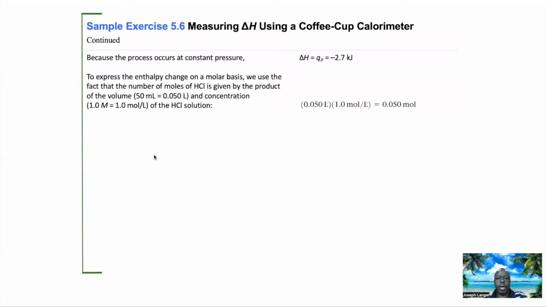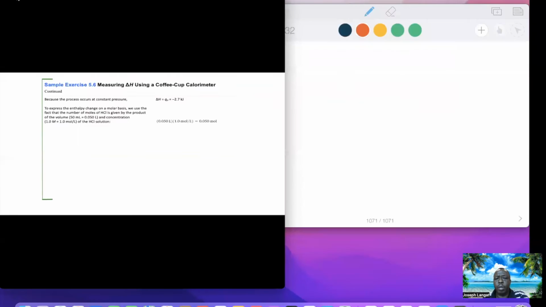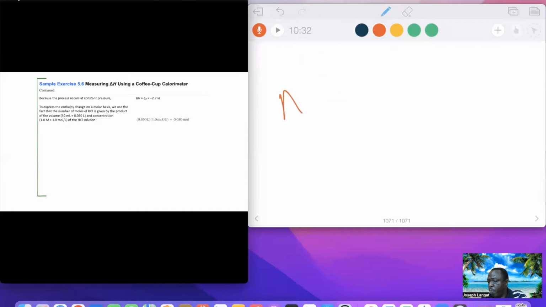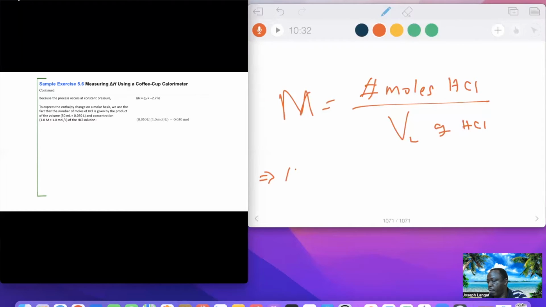Using the molarity equation from chapter 4, remember, molarity equals the number of moles of HCl over the volume in liters of HCl, which means the number of moles of HCl is given by the molarity of HCl times the volume in liters.